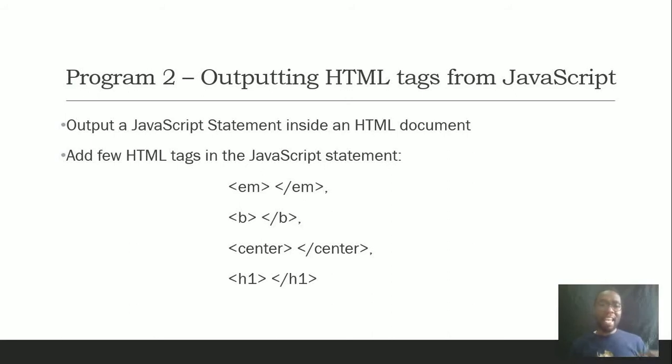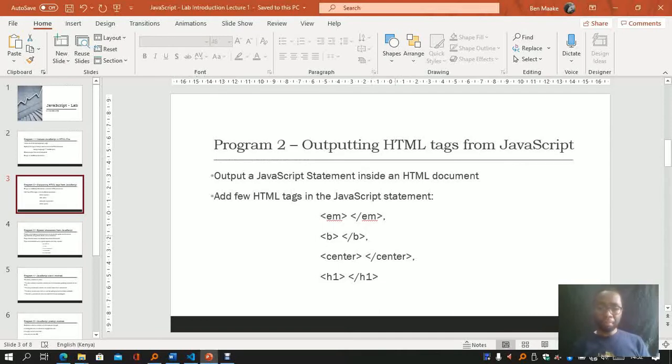We've done that, and now we are adding a few HTML tags in the JavaScript. We can add emphasis or bold, or we can center some text, or we can put headers and other tags that are used in text formatting. Now let's go and do our second program.